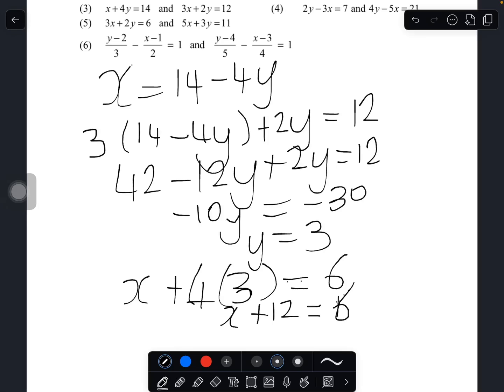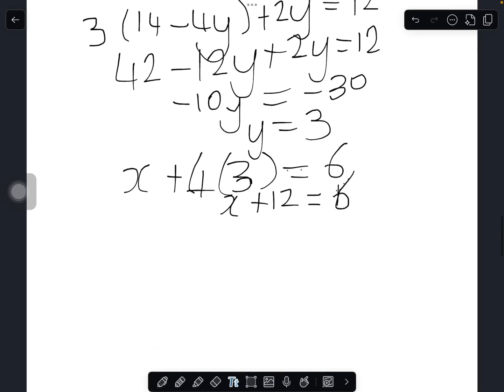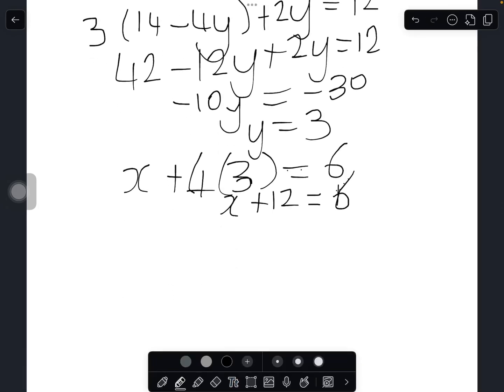And then that will then leave me with x equals negative 6. That's our third sum done. I hope you guys are getting them right. Time to move on to the fourth sum.